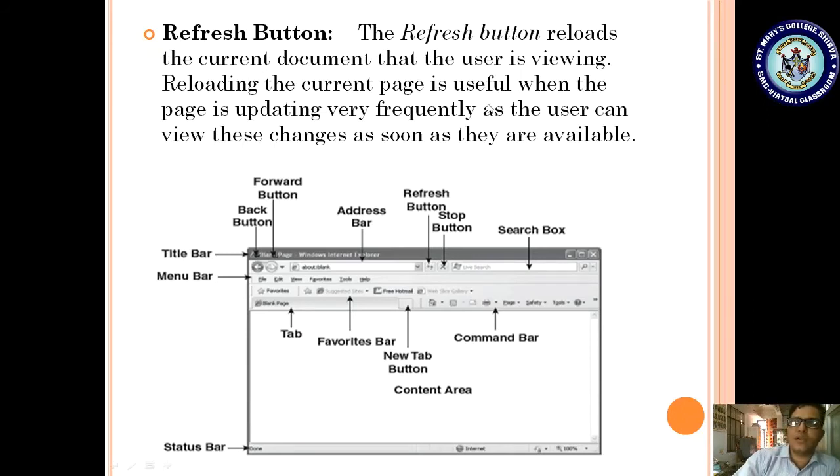Okay, and next one is the refresh button. Sometimes whenever our web page is loading slowly, at that time what we will do is refresh our web pages. It reloads our page. The refresh button reloads the current document. Whatever document is appearing, it reloads the current document that the user is viewing.